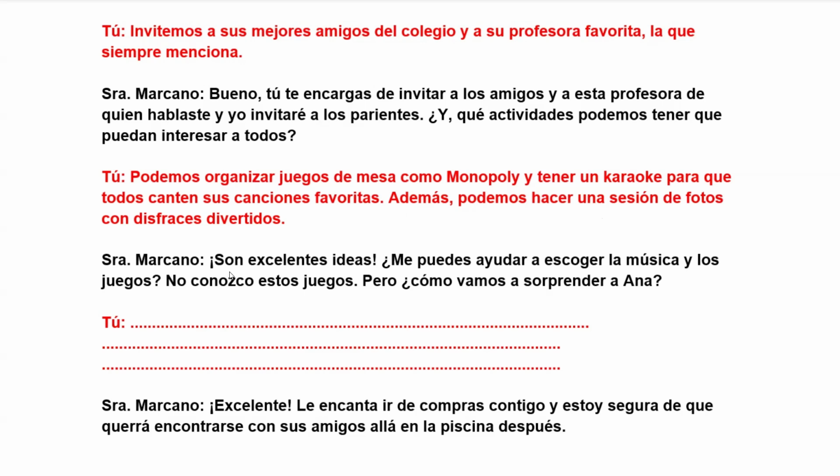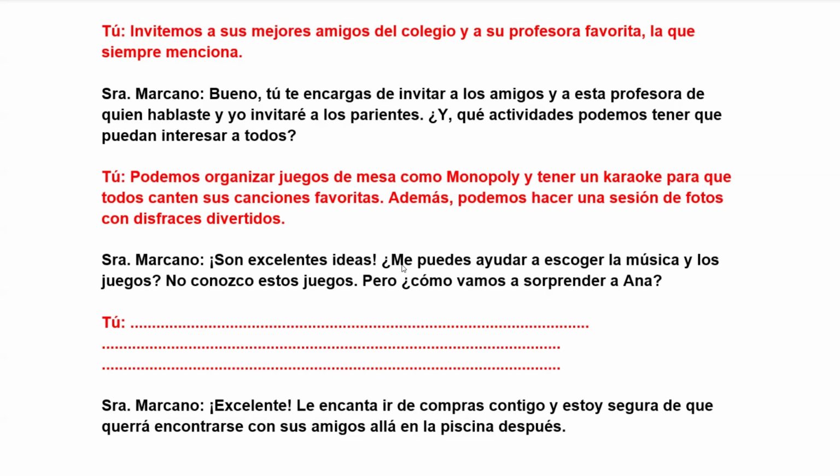Those are excellent ideas. Can you help me select or choose the music and the games? I don't know those games, okay? But how are we going to surprise Anna? Okay, so with this response, when we read what is written above here and what is written below here, we can see that this response that we have given fits perfectly within the context of the conversation.